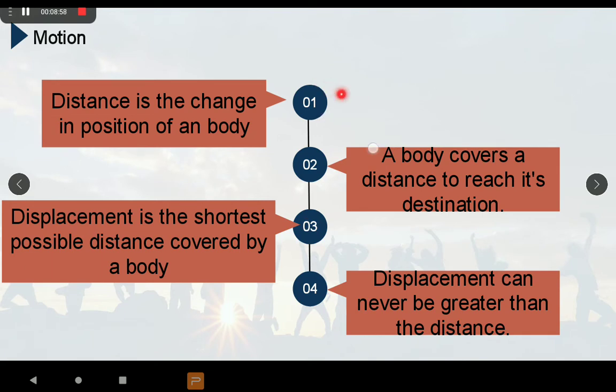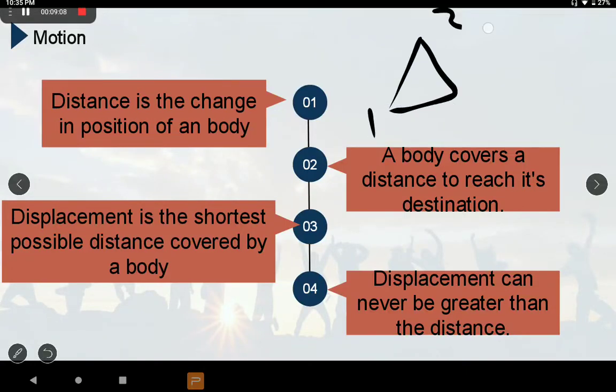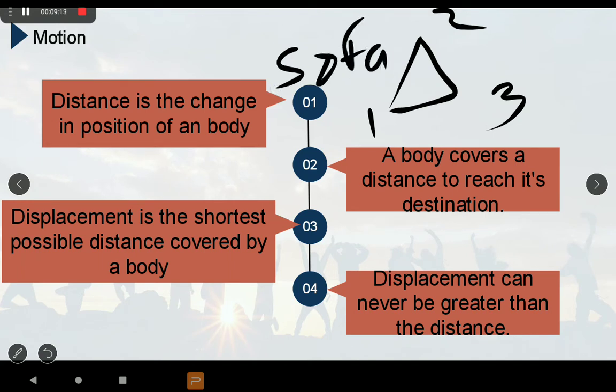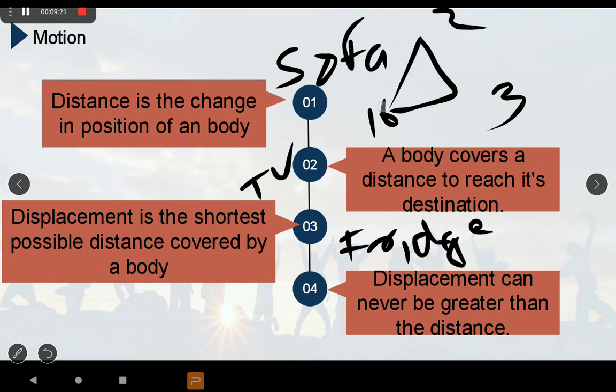So, what if this is a triangular way, where it is a second point? Let me take my pen. 1, 2, 3: 1 sofa, 2 TV, 3 fridge. You are here.